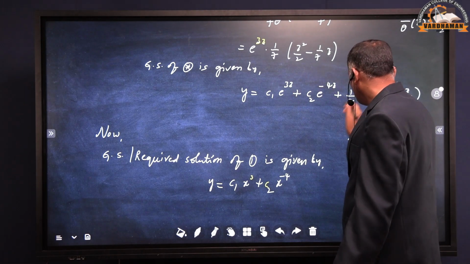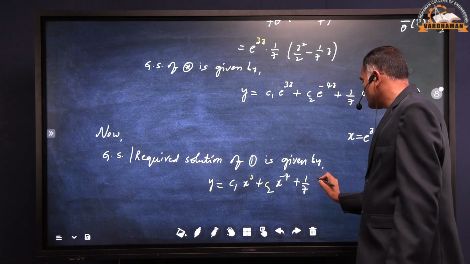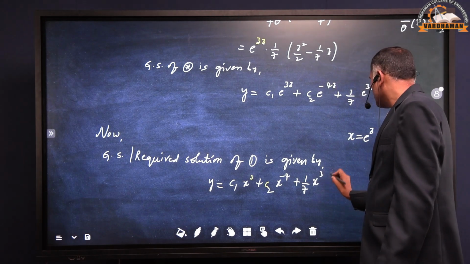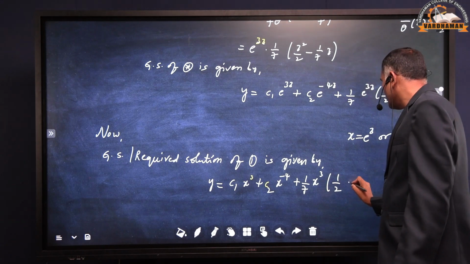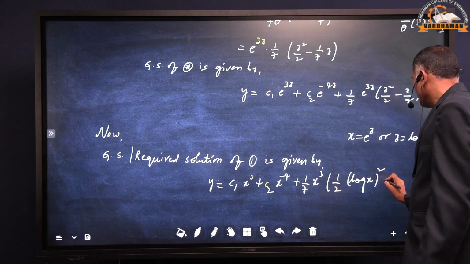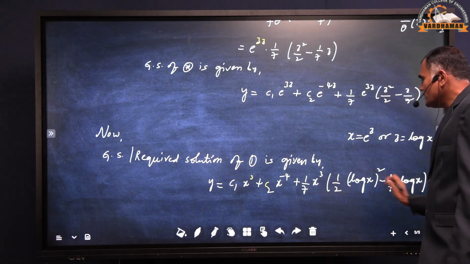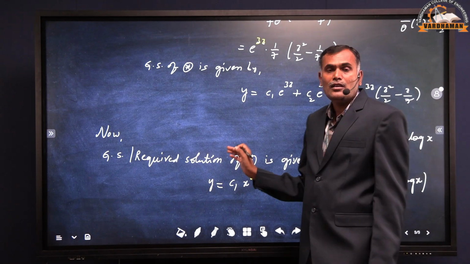So we get 1 by 7 times x cube, 1 by 2, in place of z we write log x whole square, minus 1 by 7 log x. Now this gives the required solution of the problem.